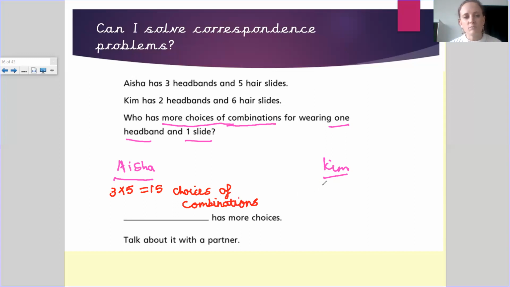Kim has got 2 headbands and 6 hair slides, which means it's 2 times by 6, and she's going to have 12 choices of combinations.